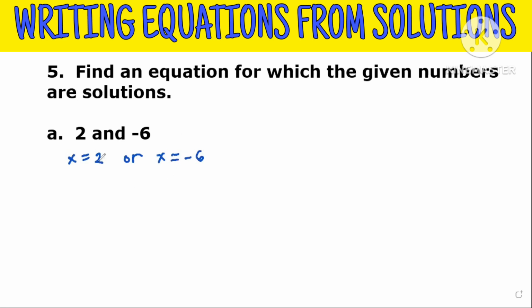Now letting 0 to the right side of the equation, we have x minus 2 equals 0 or x plus 6 is equal to 0. And applying the zero product property, we have x minus 2 times x plus 6 is equal to 0. Then ipo-foil na lang natin yan, no?